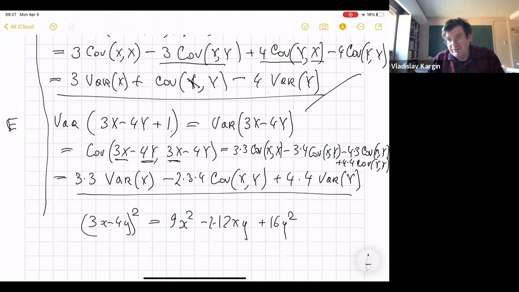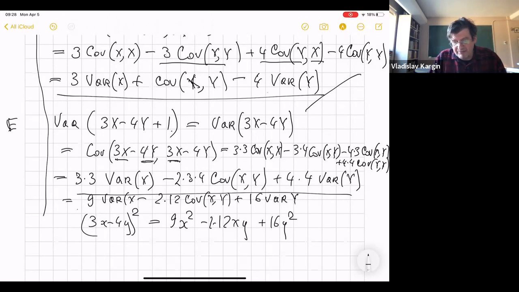Here it will be the same thing, except it's 9 variance of x minus 2 times 12 covariance of xy plus 16 variance of y.